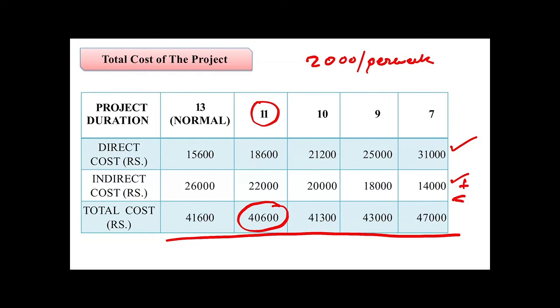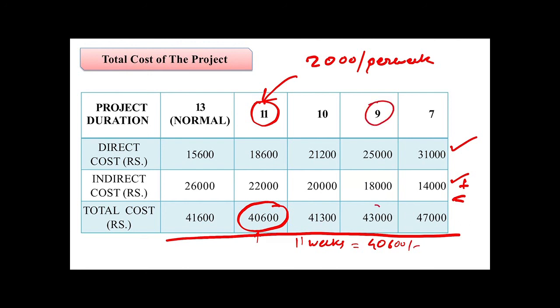So by using this table, we can conclude that the optimum cost of the project is 40,600 and the optimum duration is 11 weeks. We can complete this project in 11 weeks with a cost of 40,600 only.